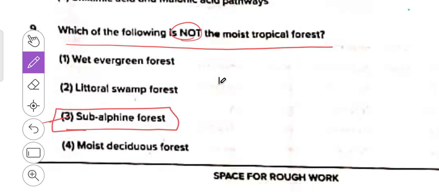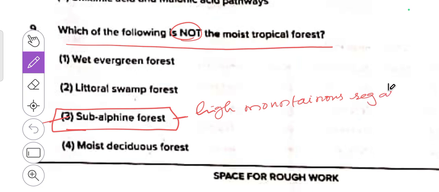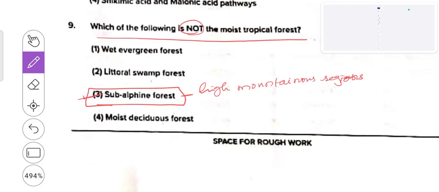So this subalpine forest is considered as not a moist tropical forest. So this alpine forest will be seen in high mountainous regions, like Himalayan regions. So you will not come across a tropical forest there. So 3 is the right answer for this question.